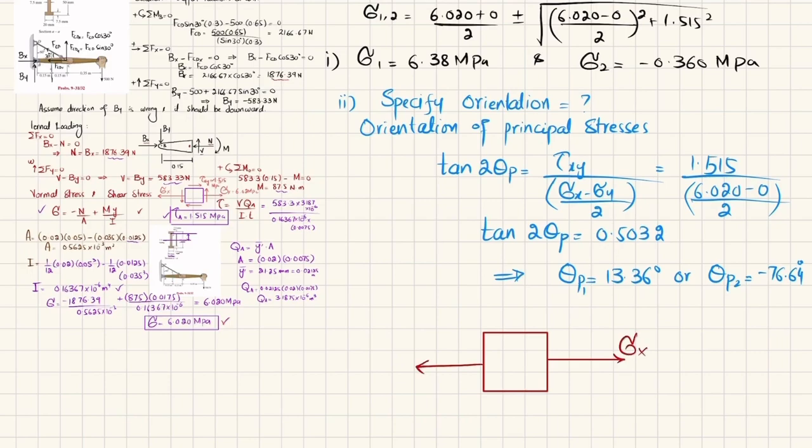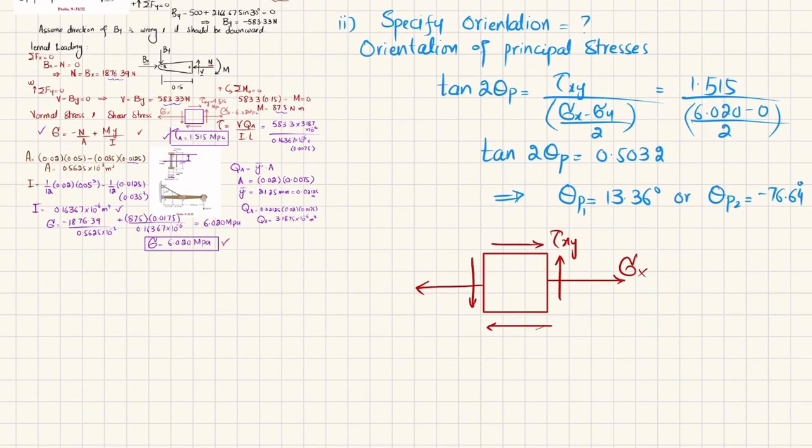That was sigma x and tau of xy like that. This was tau of xy. Clear? And we have to find this plane. So this was the initial x-axis. This was y-axis. Clear?